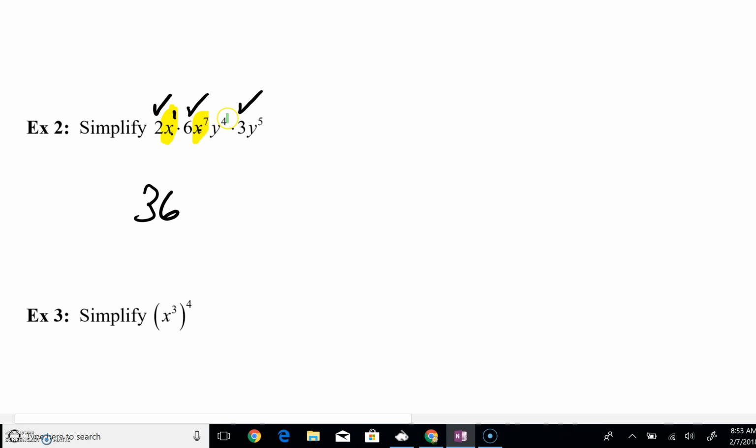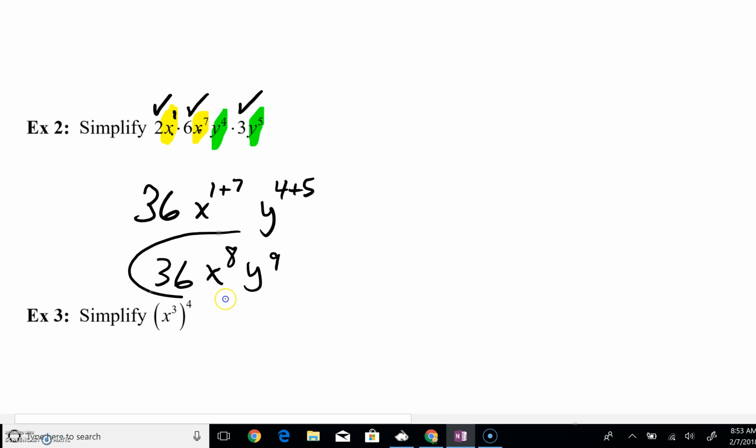Simultaneously, you're later in a second going to be paying attention to these y's. You're not going to be able to combine x's and y's all together. You separate them. So here I've got x to the first, x to the seventh. I'm going to add those powers. Here I've got a y to the fourth, y to the fifth. I'm going to have to add those powers. So I multiplied my numbers of 2, 6, and 3. 1 plus 7, you get an 8. 4 plus 5, you get a 9. And we are done. Okay, any questions so far?